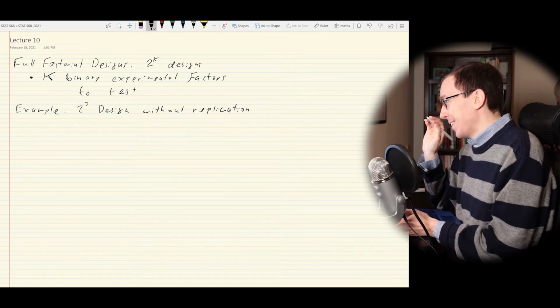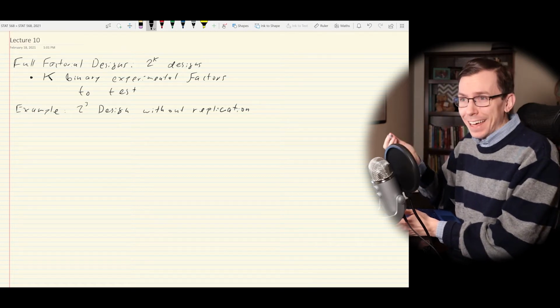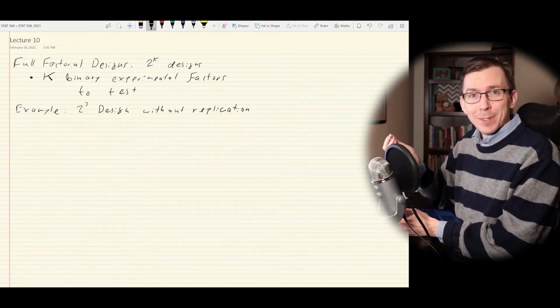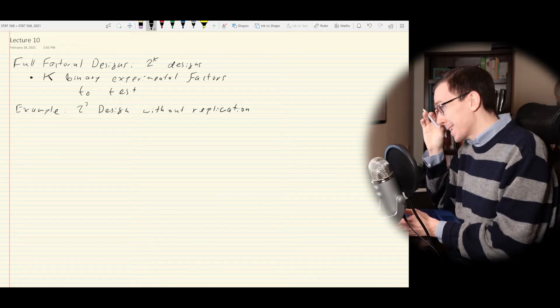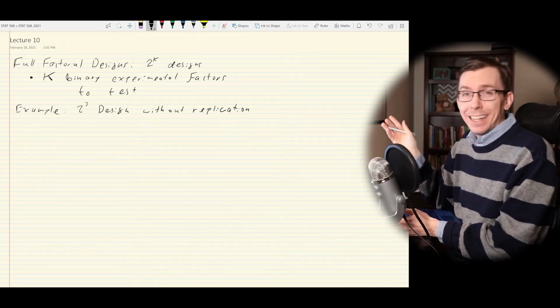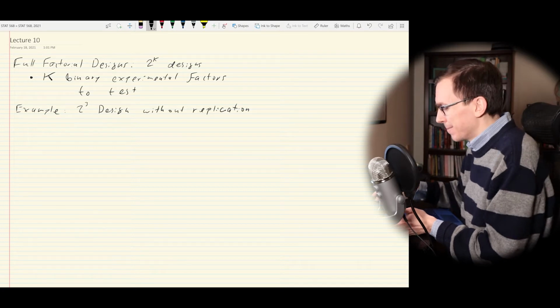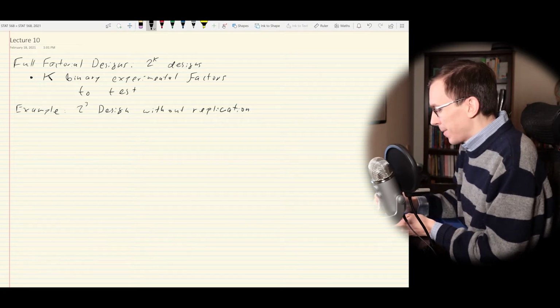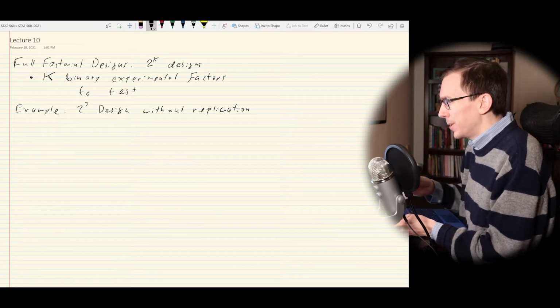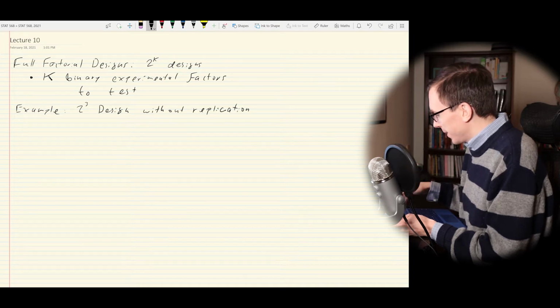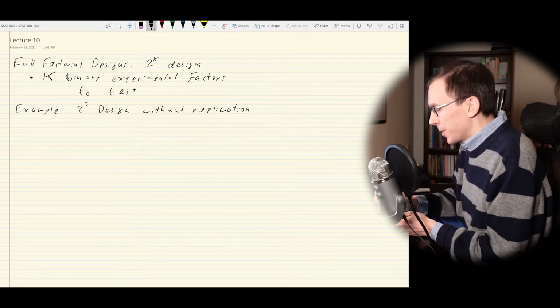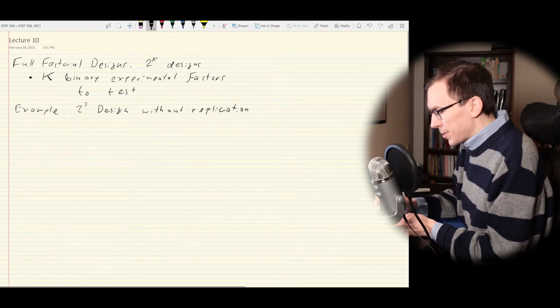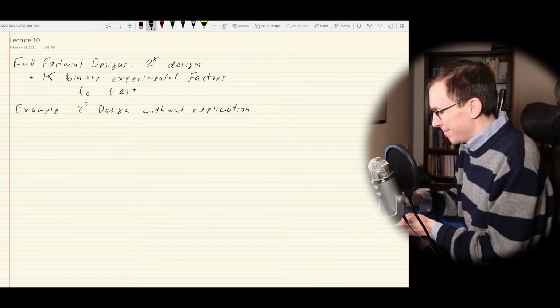But when you have, say, a 2 to the 10, now you have 1,000 observations, or 1024 to be precise. So replicating that would take a lot more resources, right? A replication would effectively double the amount of resources required to run your experiment. So not to be taken lightly.